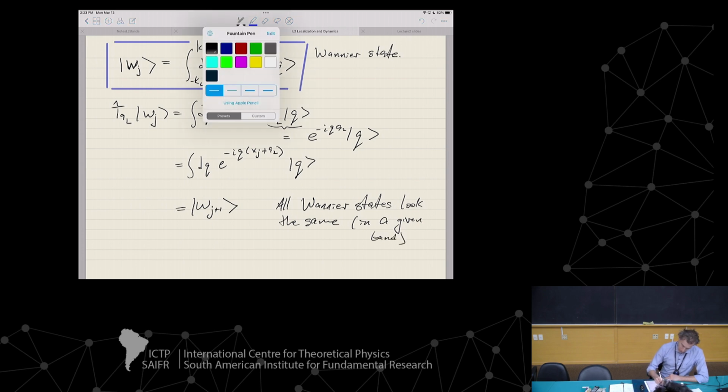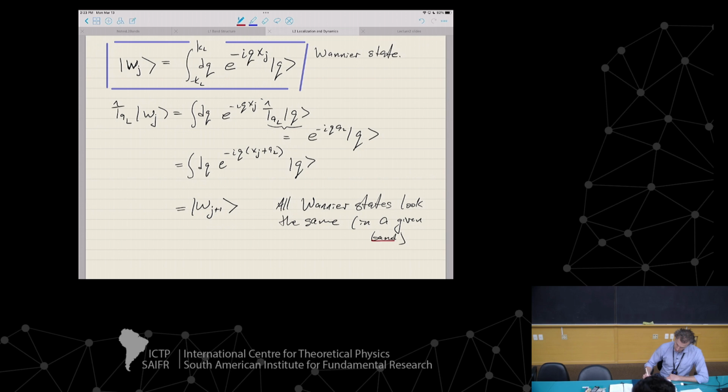And by the way, what do I mean by in a given band? I could have been writing all of this stuff out for an arbitrary band, and then I'd have to add a band index in, and I talked about how to do that last time. For a lot of the discussion today, I'm going to drop the band index, because if I work in a particular band, it's a closed Hamiltonian, and we're not going to think about band transitions today.